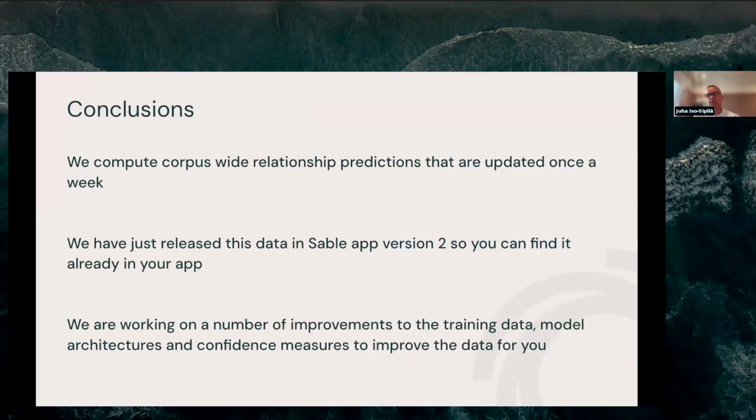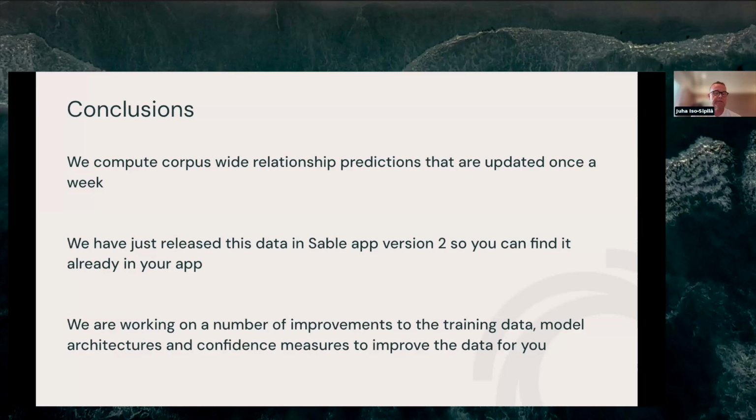As a conclusion, our scientific article processing pipeline is computing corpus-wide relationship predictions, and these are updated once a week. So our users always have the most up-to-date scientific literature in their hands. We have just released this data in version 2 of our application, and you should be able to find it in the application if you are already our user.